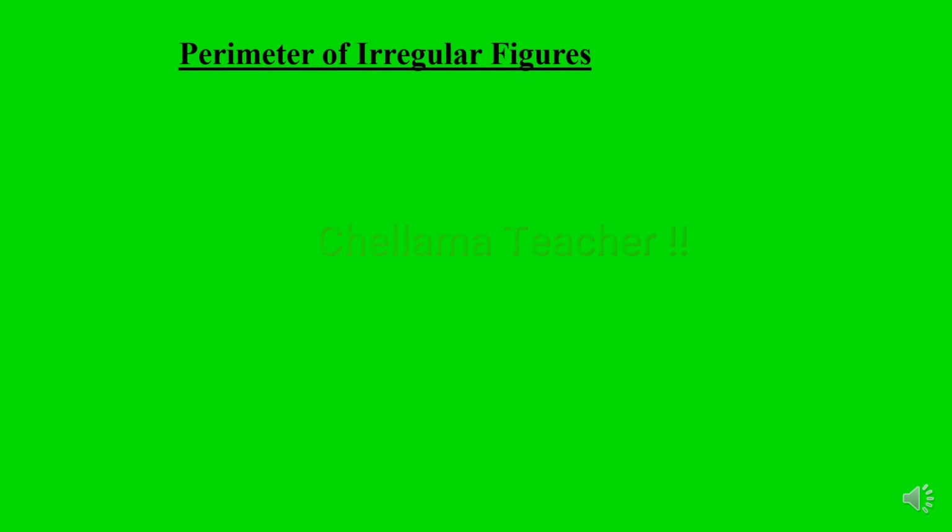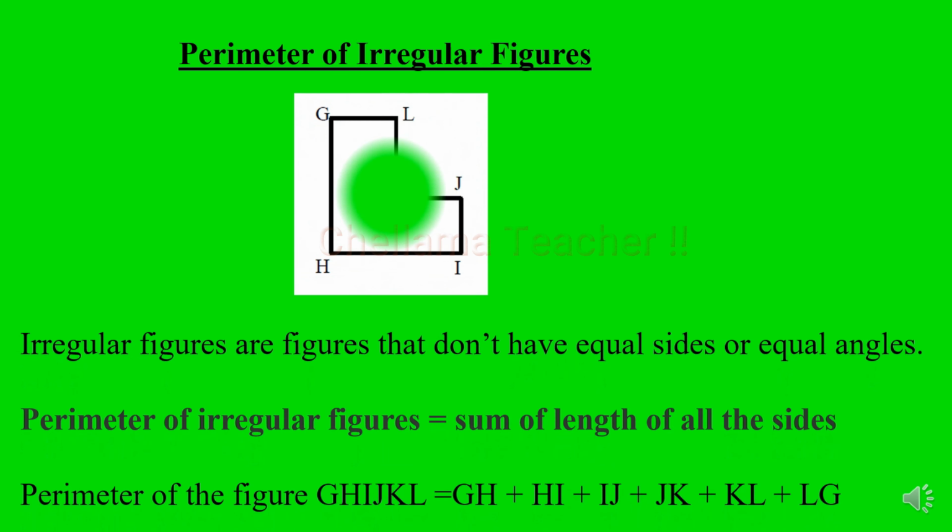Next is the perimeter of irregular figures. Let's consider an irregular shape. From the given shape, we understood that the sides are not equal. So irregular figures are figures that don't have equal sides or equal angles.